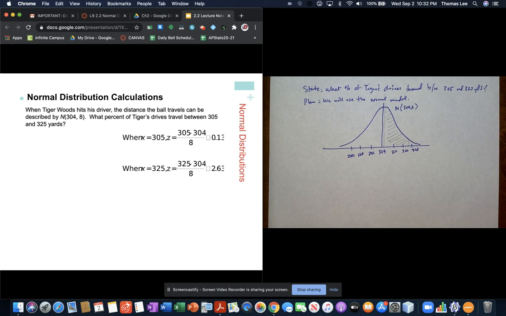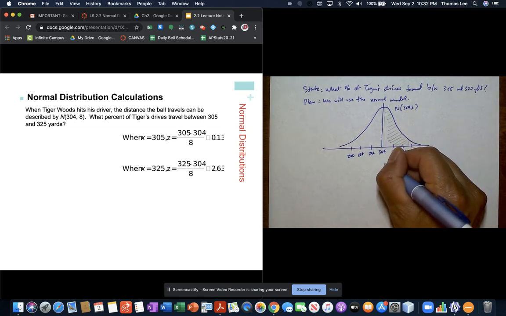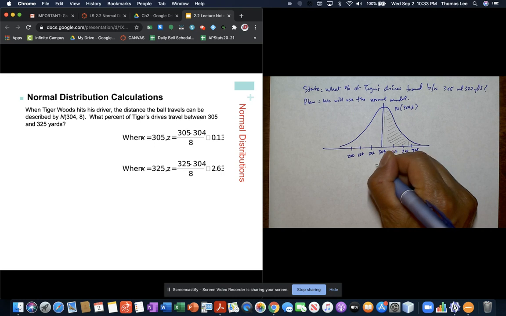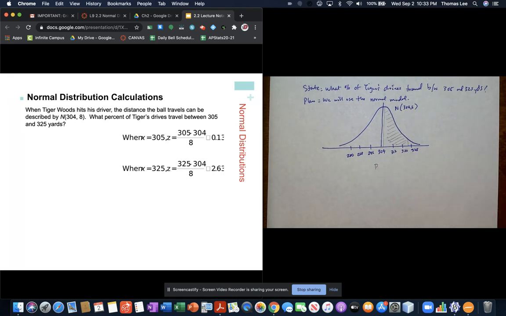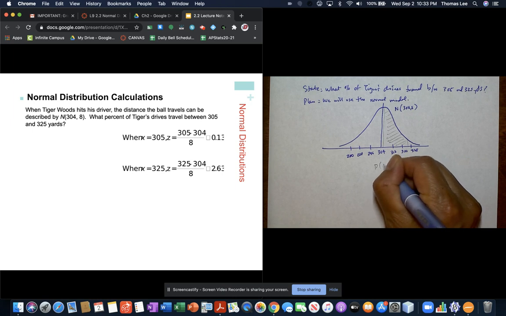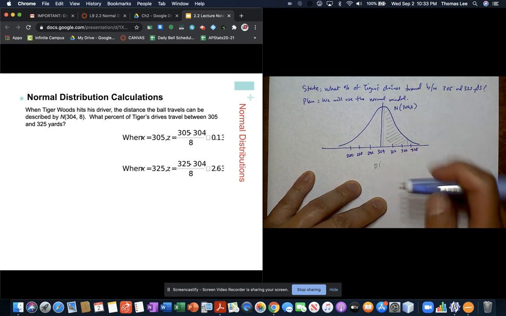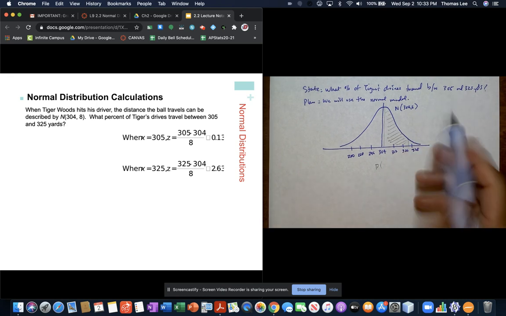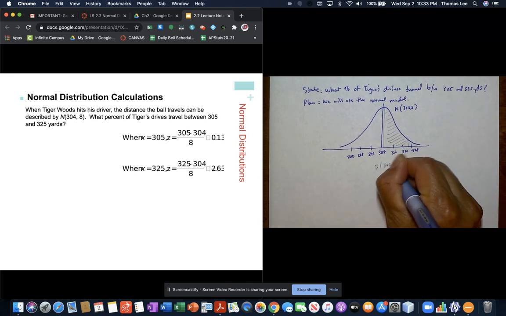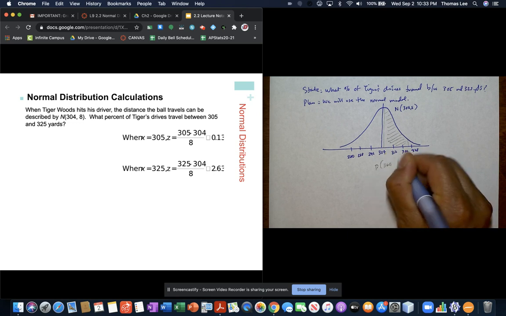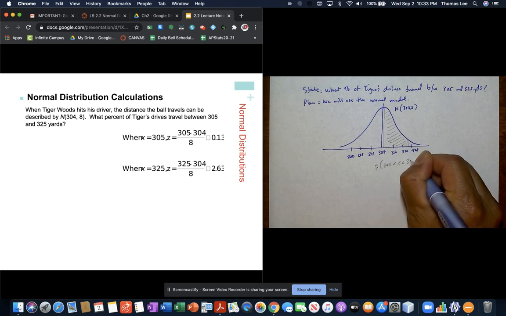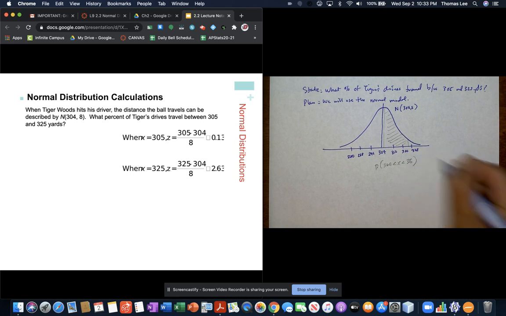So we want to know, what's the probability that x is between 305 and 325 yards?